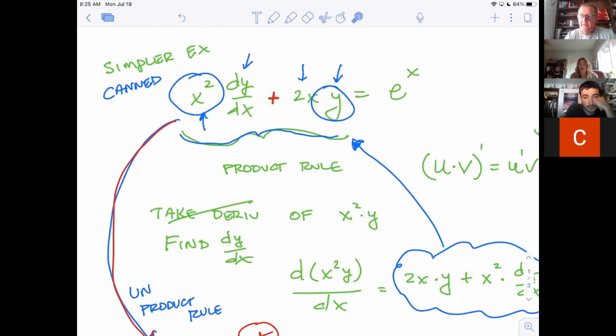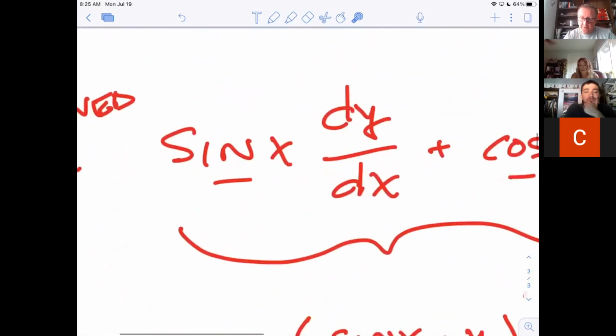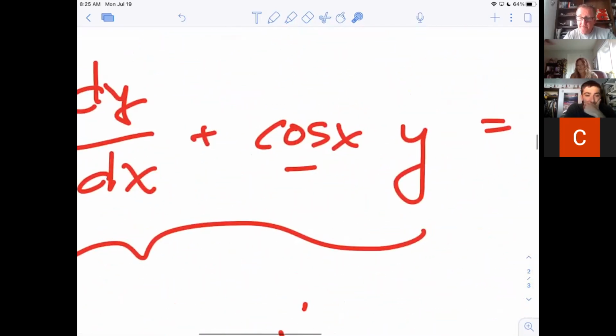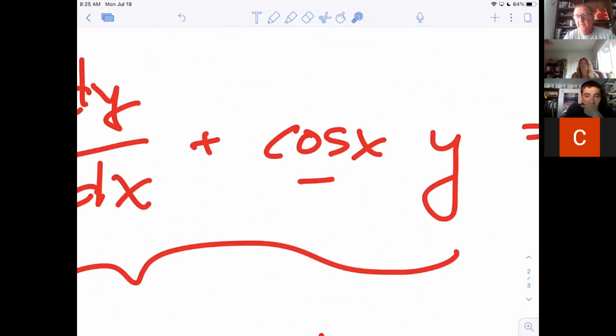It just worked in the case of the cosine times y. The derivative of that yields cosine times dy dx minus sine times y. Because the derivative of cosine is negative sine, which means if this was cosine right here, then that would actually have to be negative sine. So every single thing has got to line up.